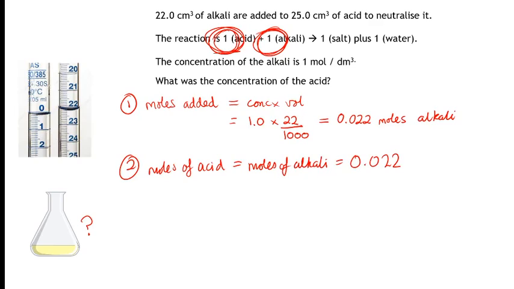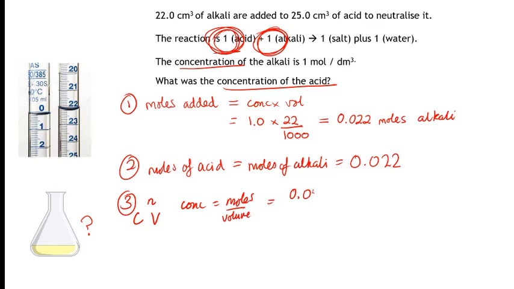And then finally, we do want to know what the concentration of the acid is. So we go back to that equation that you will use so many times if you do A-level chemistry, which is number of moles is concentration times volume. So the concentration is the number of moles divided by the volume, which is 0.022. And the volume the acid was dissolved in was 25 centimetres cubed.